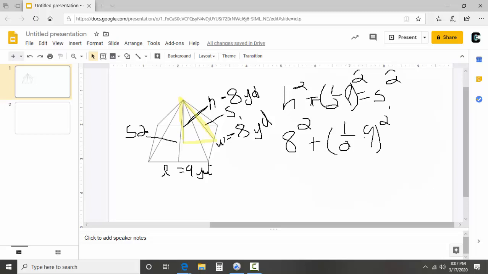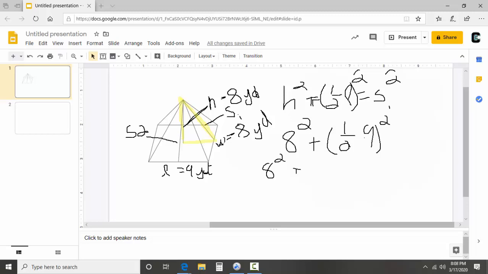Well, we don't know what S1 is yet. We'll deal with that in just a moment. And besides, I kind of ran out of room. So let me go ahead and simplify this. Normally, I would not recommend not writing the equals S1 squared off to the side. But in this particular case, I'm just running out of room. I'm doing this for space, okay? 8 squared is 64, although I'm going to hold off on that just for a second, actually. I'm going to do the parentheses first.